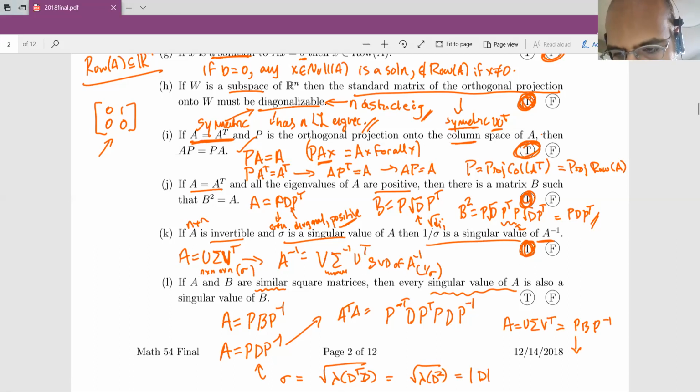Sure, let's check that. So now you multiply on both sides by P inverse and P, you get P inverse U sigma V transpose P, right? So this would be an SVD if these were orthogonal, right?